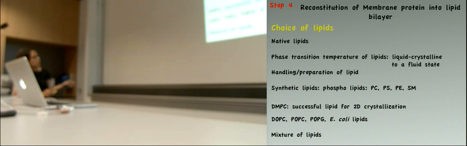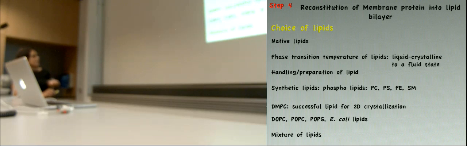This is very important. Also, if you are going to use synthetic lipids, handling and preparation of the lipid is very important. If you cannot find the native lipid, you can use a synthetic lipid such as phospholipids, PC, PS, PE, SM. DMPC is the most successful lipid so far for 2D crystallization.